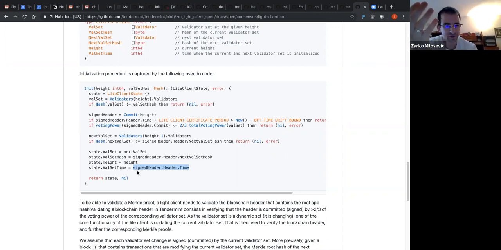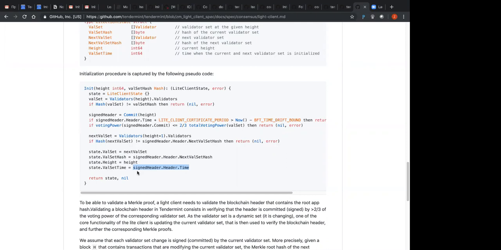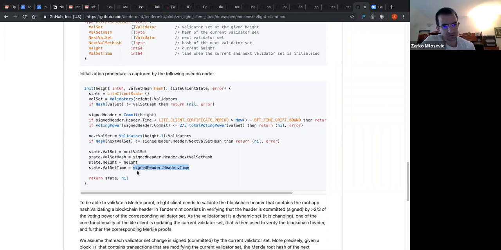But after you initialize, we trust the next validator set at the BFT time of the current block, or the BFT time of the next block that signed the current block. So here the val set time is set to the time of the current block.